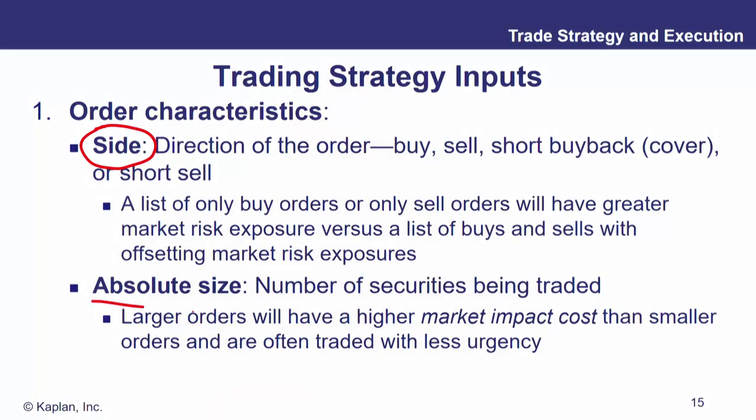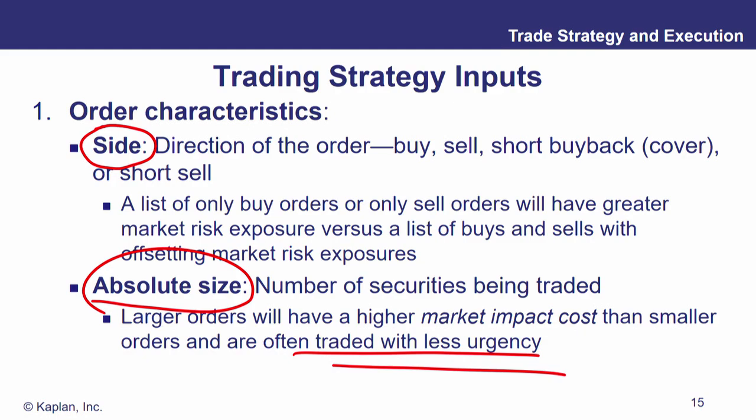Okay, and then there's a question about absolute size. Larger orders are going to have higher market impact. And because it's such a big order and it's going to have major market impact, what generally happens, they're often traded with less urgency.